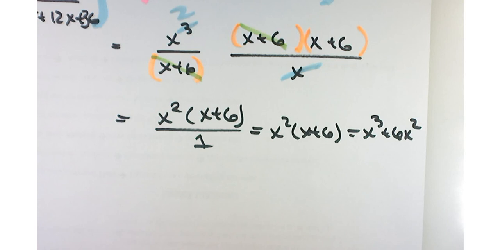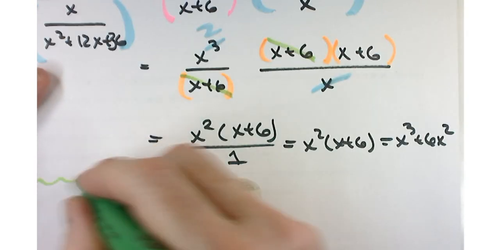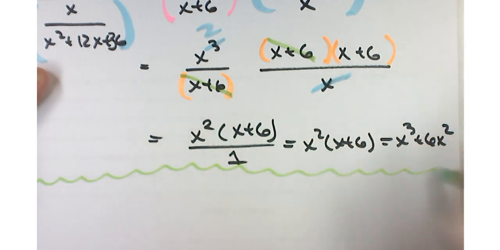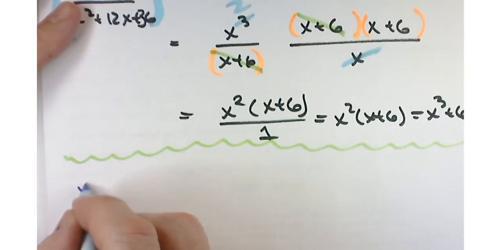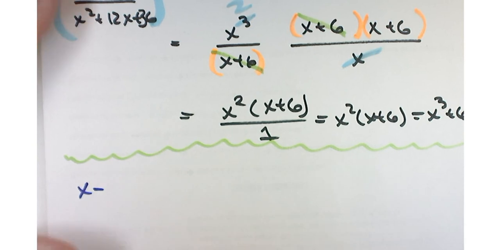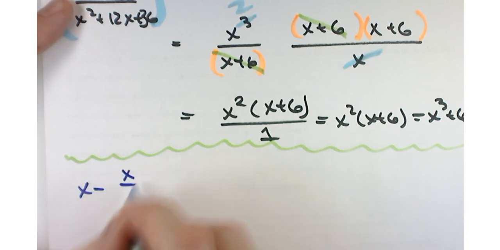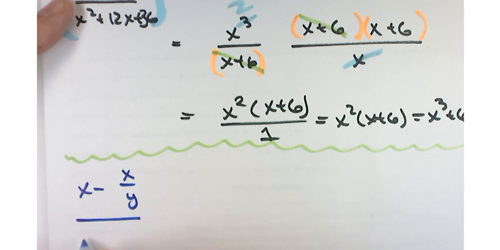All right. So that's an example of a complex fraction, but it's not our only example. And the rest of these examples are going to have to be done a little bit differently. So the next one I'll look at is going to look like this: x minus x over y minus y over x.